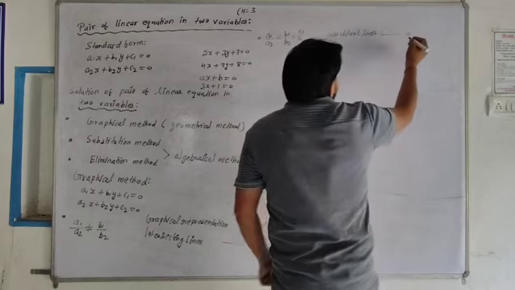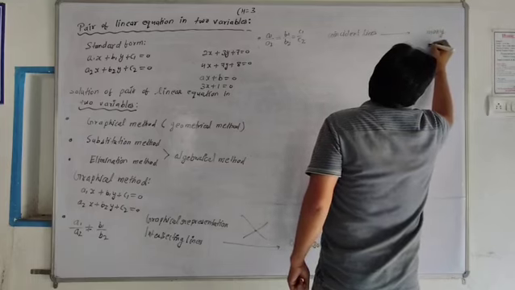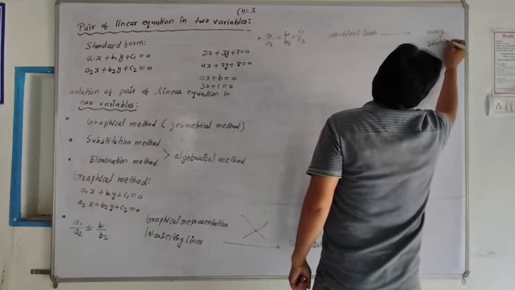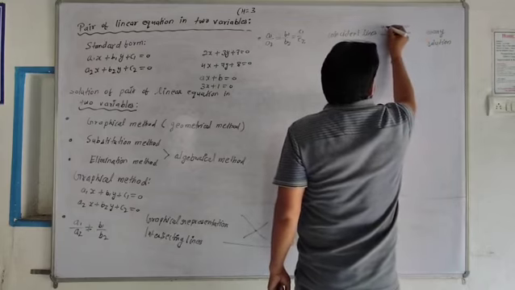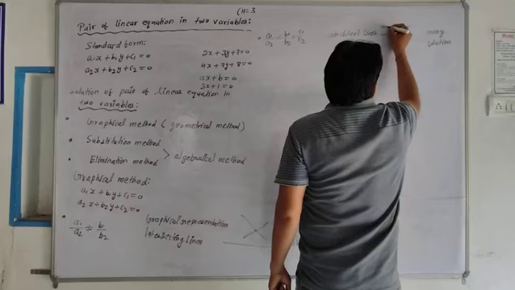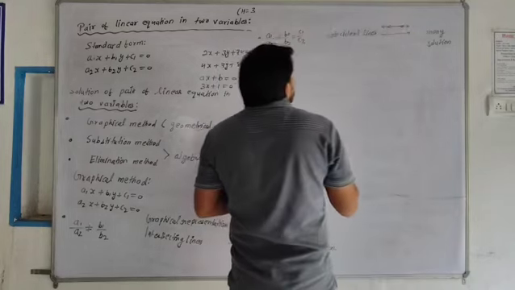And which type of solutions? Many solutions. Okay, coincident lines: this line overlaps this line, and this line, coincident lines. Right?